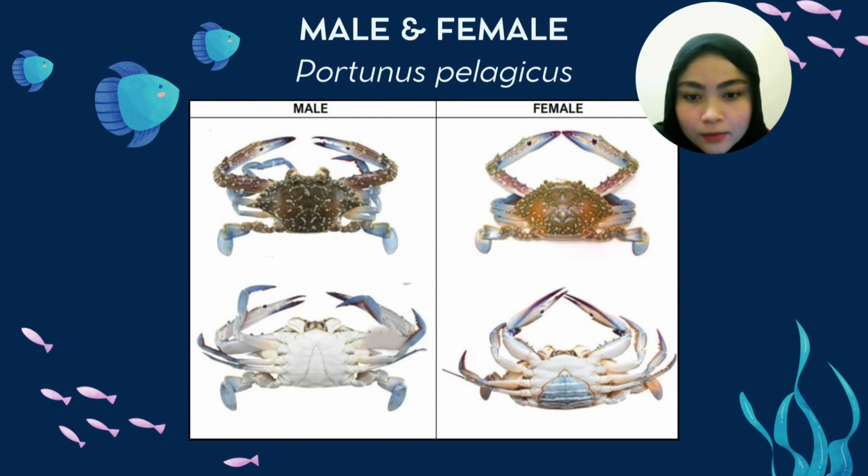And then for the abdomen, male usually have narrower abdomen compared to female flower crab. They have rounder abdomen. And then for their chelipeds, which is their claw, as you can see here, it is red tip color, and then their carapace is dull green, almost, sometimes it kind of looks brown.